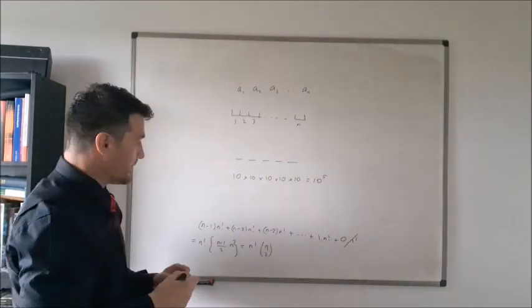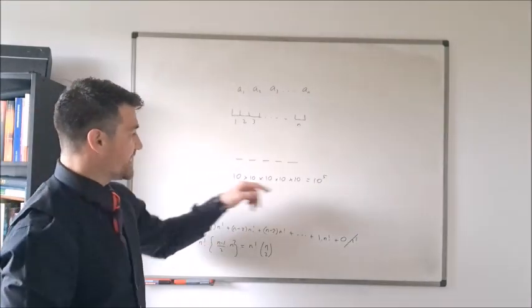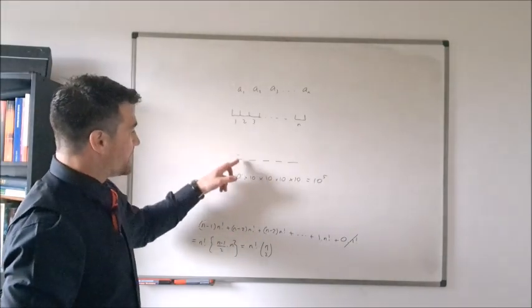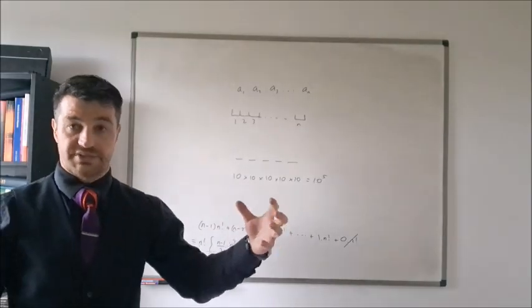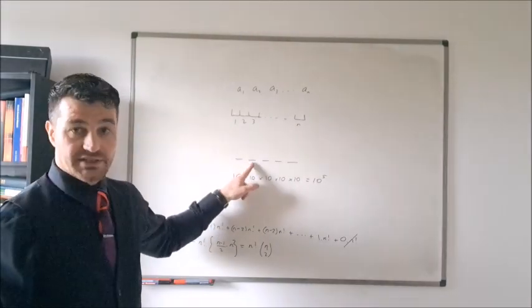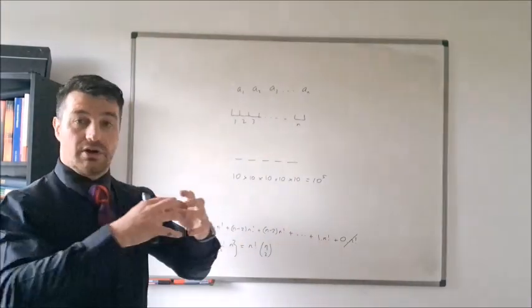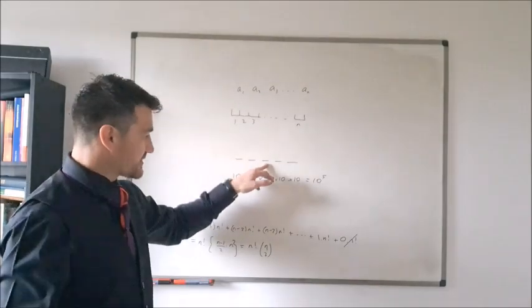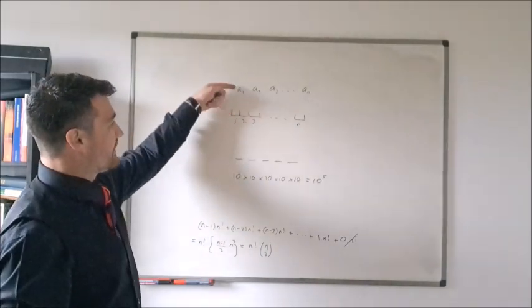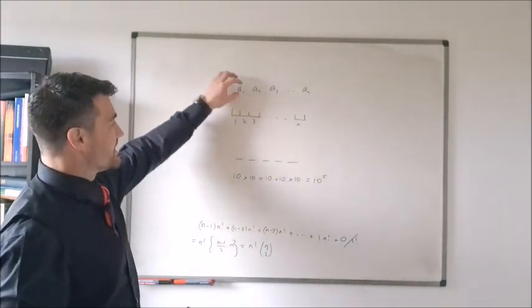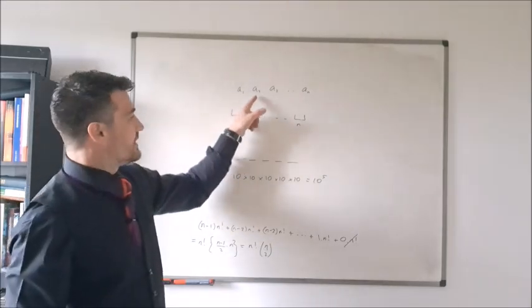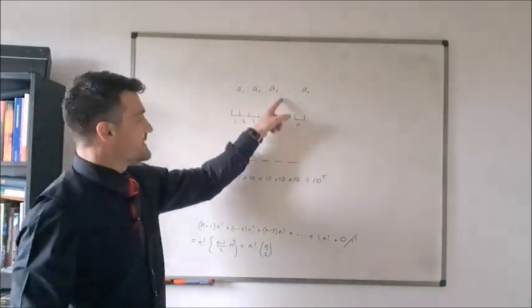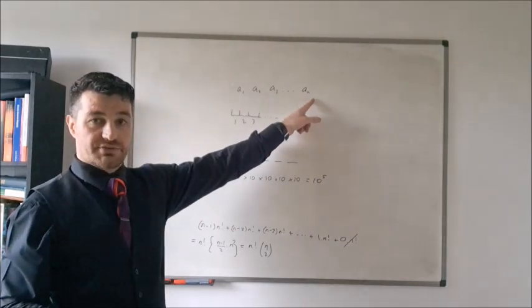The point is that at each stage, even though I filled this space with a digit, I've still got all of those digits as possibilities for the next space. And then here I've got all of the digits again as possibilities for this space. Whereas here, if I'm thinking about putting the balls into the spaces, I put this ball in a space and then I've only got these n-1 balls left to choose from.